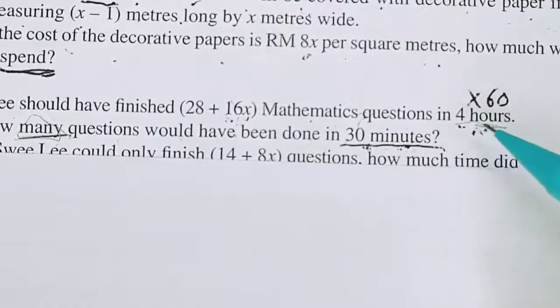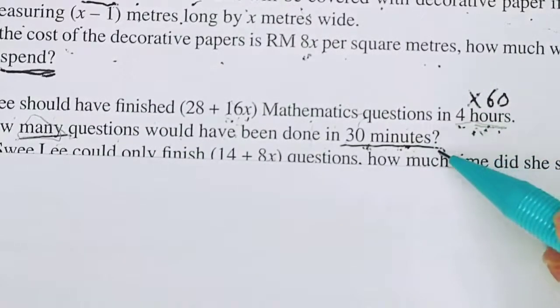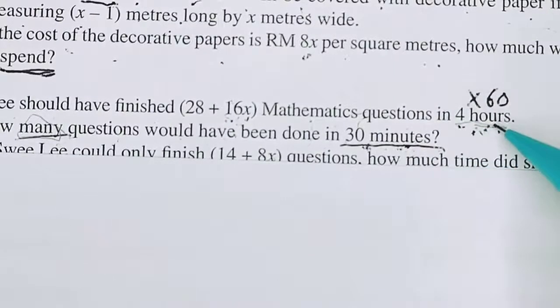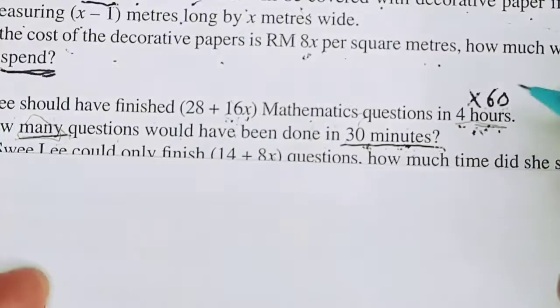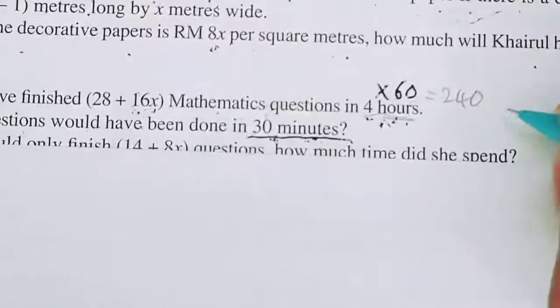So we need to convert this unit to minutes. 4 hours is how many minutes? 4 hours times 60 minutes per hour. So it's going to be 240 minutes.